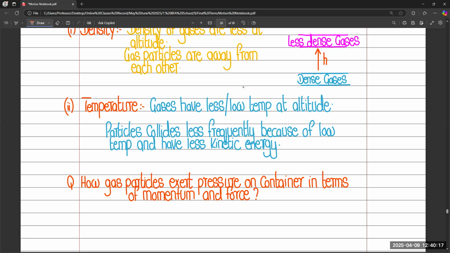So in your answer, you need to include the concept of momentum and also the concept of force.